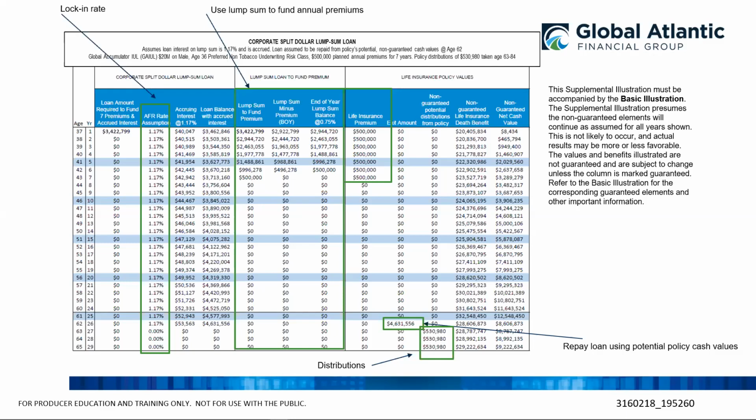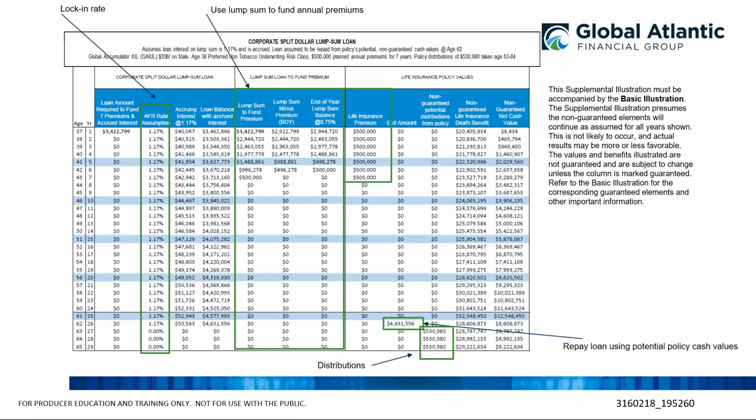The other thing that you have to understand is the MEC rules. If a MEC is used to secure a loan, the gain becomes taxable even when the gain is not received. So in a loan regime split dollar world, with a MEC being used as collateral, being collaterally assigned to secure the split dollar, there's an argument that that causes the gain to become taxable as soon as it grows over on the executive side.